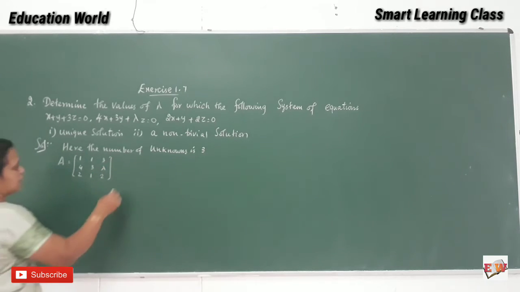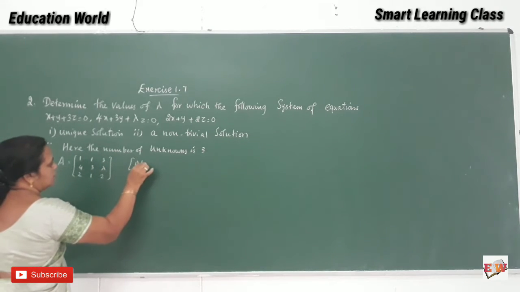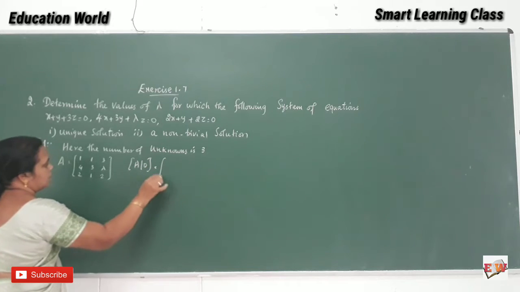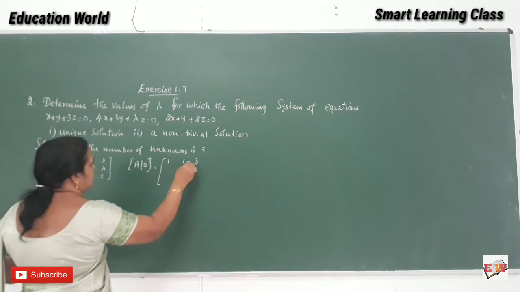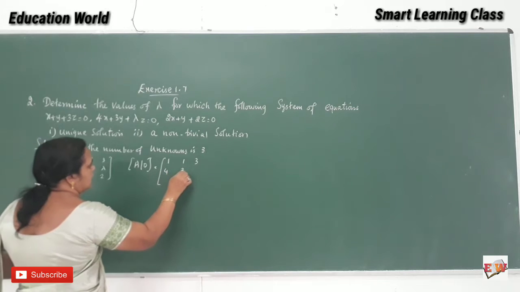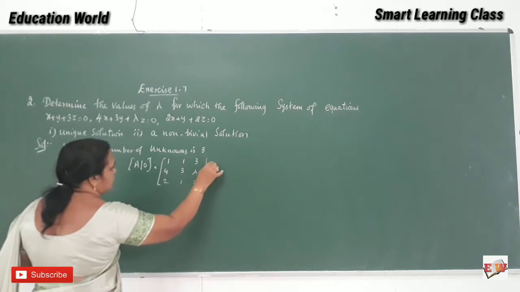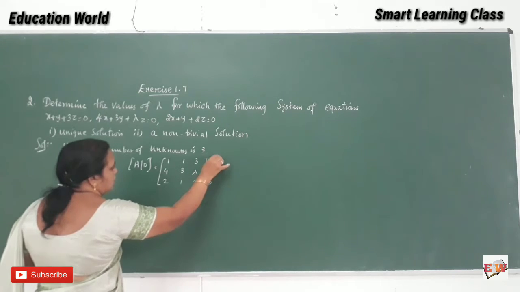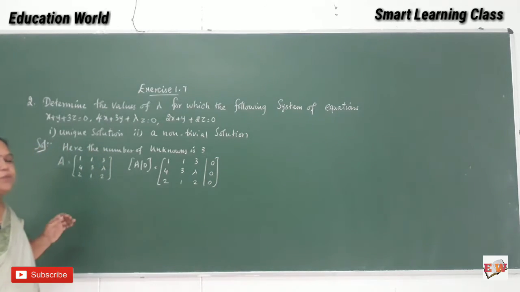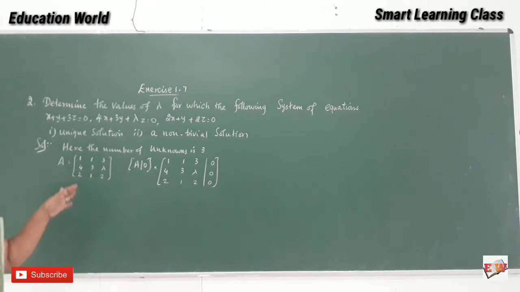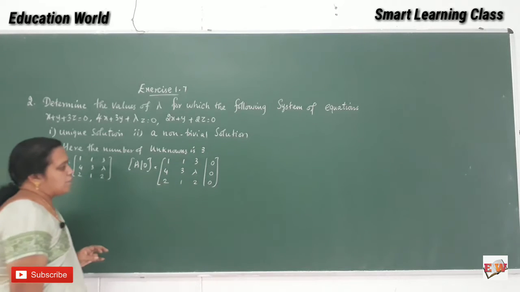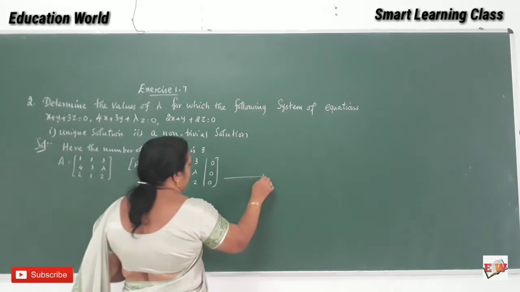Now I am going to write the augmented matrix: 1 1 3, 4 3 lambda, 2 1 2. If we want to reduce this augmented matrix into row echelon form, we have to apply the elementary row operations on this augmented matrix.